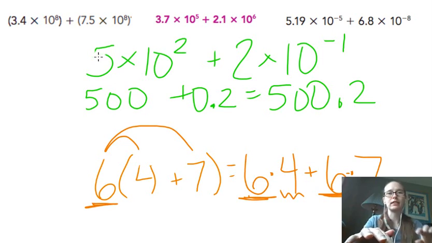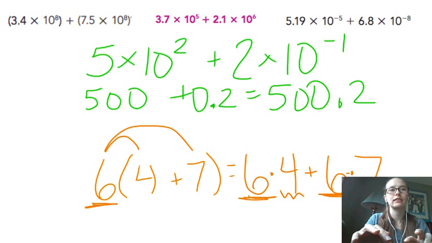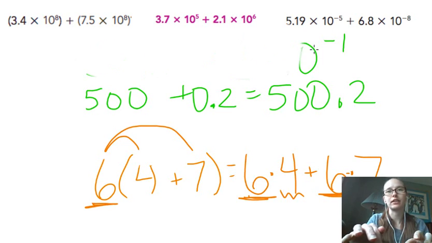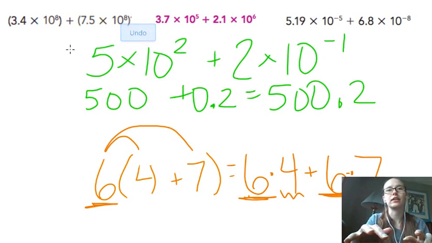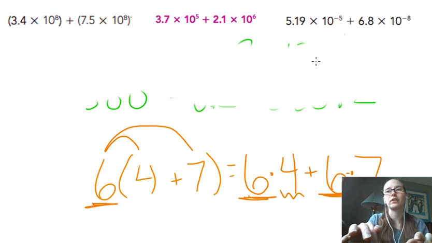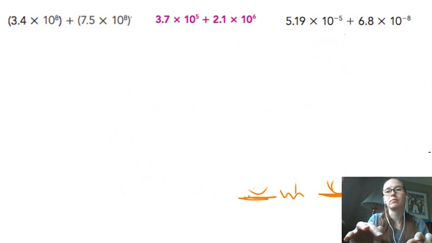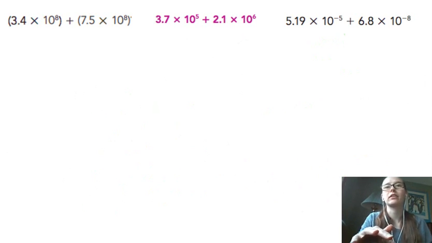Keeping that in mind, when we add scientific notation together, we need to make sure that the exponents are the same. And looking at the problems above, I see that the first one is the only one that has the same size exponents.